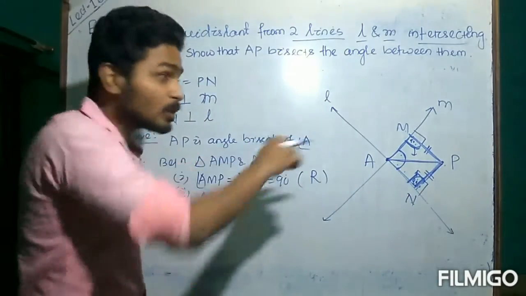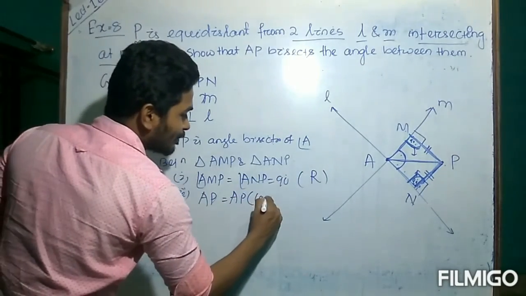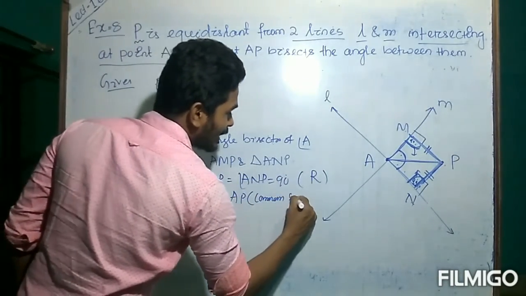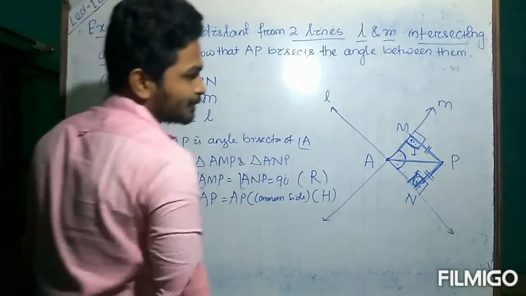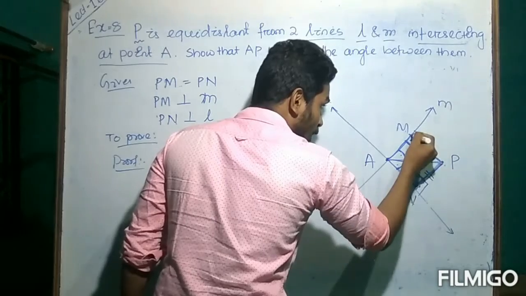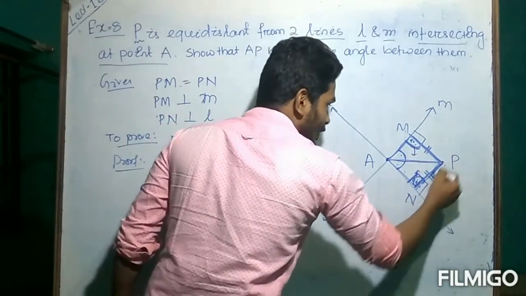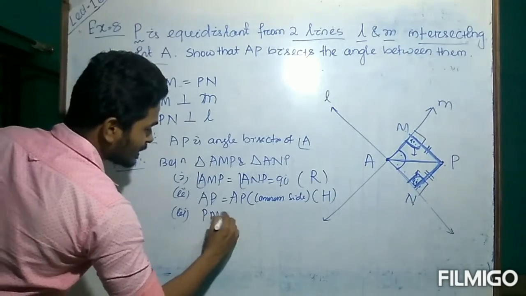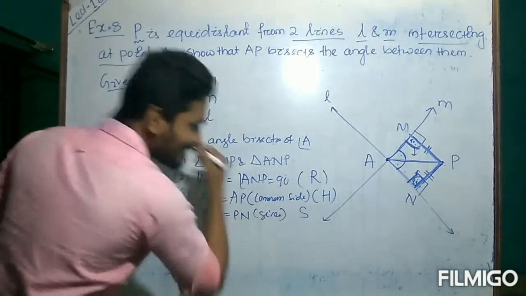So AP is also the hypotenuse for the triangle ANP. So AP is equal to AP because it is a common side. This stands for hypotenuse. Third condition is that since it is given that P is equidistant from M and from N, this distance PM is equal to PN. It is given. So this stands for side.